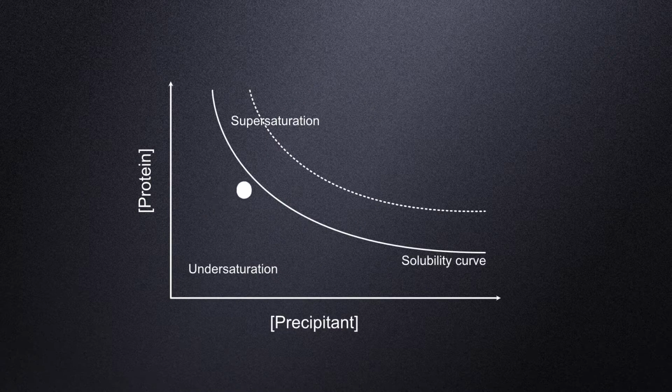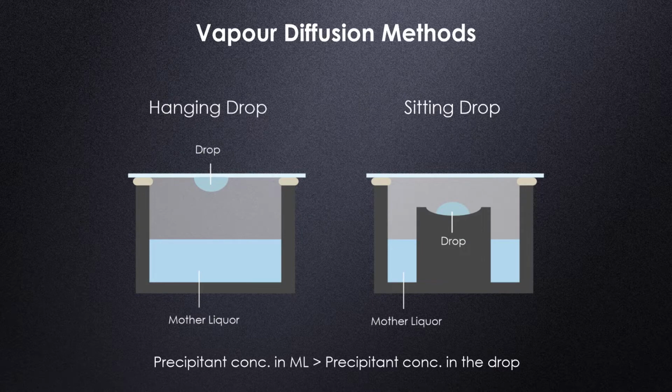In order to crystallize protein, we need to bring the solution into a supersaturated state. Normally, the concentration of the precipitant in the reservoir is higher than in the drop. Due to the concentration gradient, the water from the drop will evaporate towards the reservoir, thus lowering the volume of the drop and increasing the protein concentration.